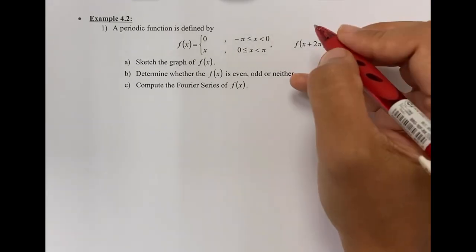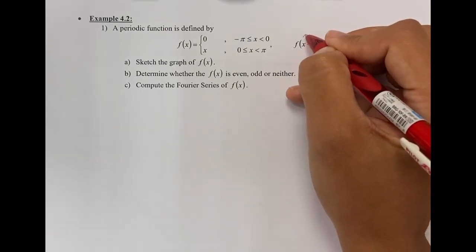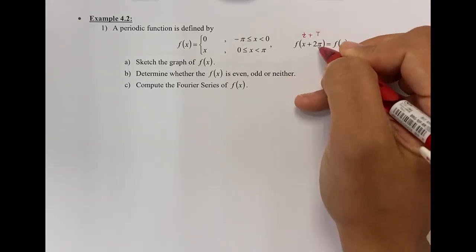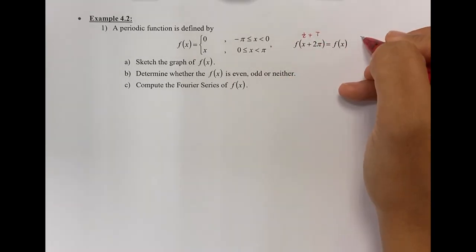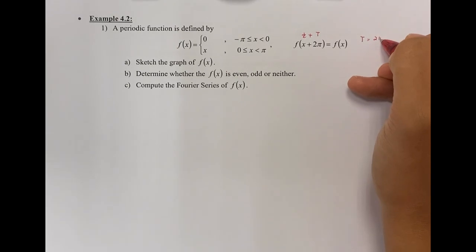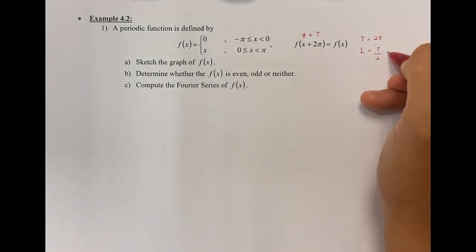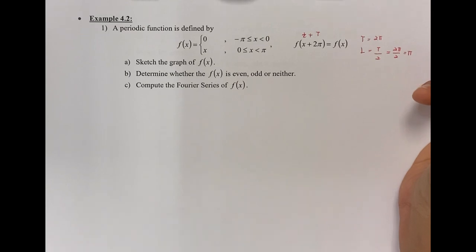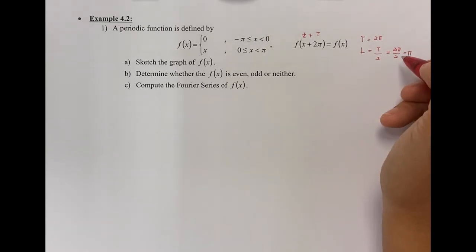This is like t plus capital T, so your period is T equal to 2 pi. So L is equal to T divided by 2, which is 2 pi over 2, so L is equal to pi.